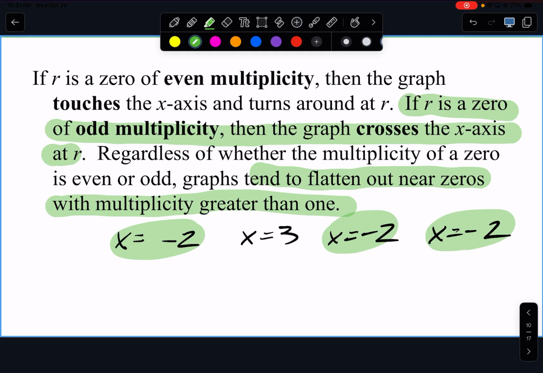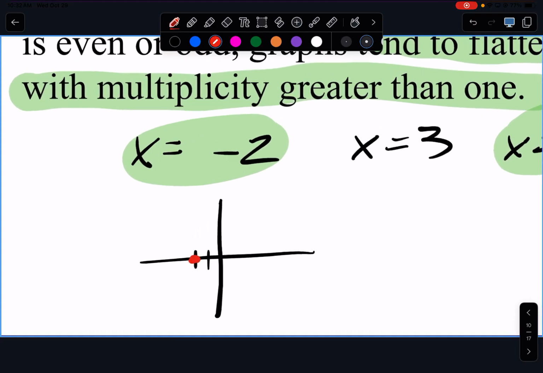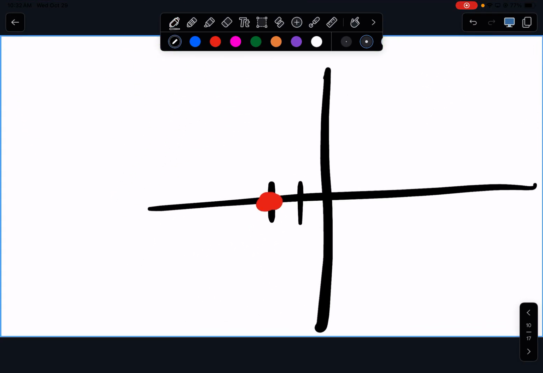What that means is if I have a multiplicity of 3 right here, on our graph earlier, we were at -2. I'm going to zoom in a little bit here for a second, then I'll zoom back out. When we were at -2, it just went pretty much straight through that line. Let's say we go up and it just goes like this at -2.